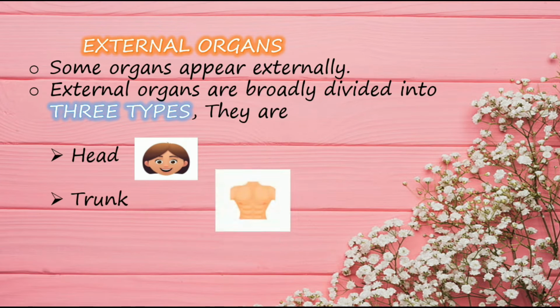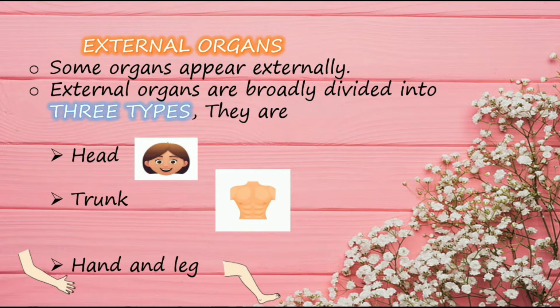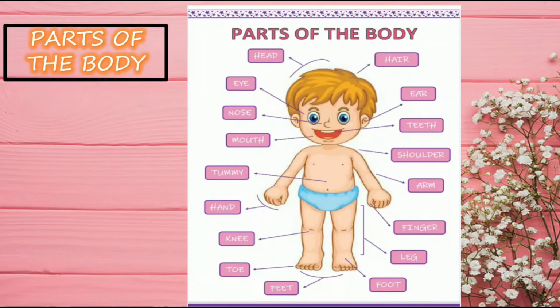Next comes trunk. Trunk is the body that starts after the neck and ends before the abdomen. Hands and legs. We have two hands and two legs to move and do things. So these are the external organs.